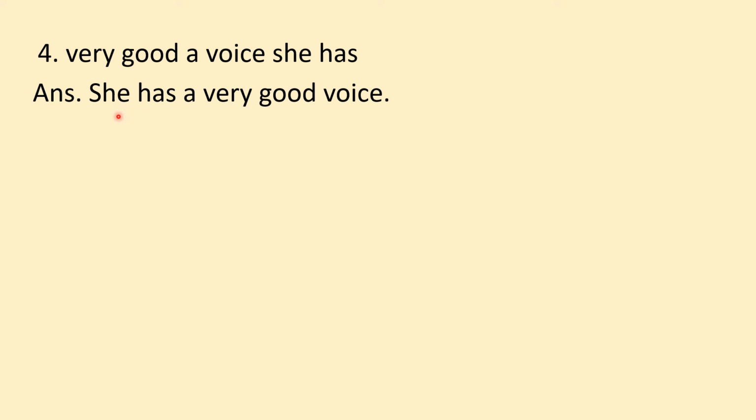Correct. She has a very good voice. I've used all the words from here to make a sensible sentence. She is the naming part. Has a very good voice is the telling part. You began with a capital letter and ended with a full stop.